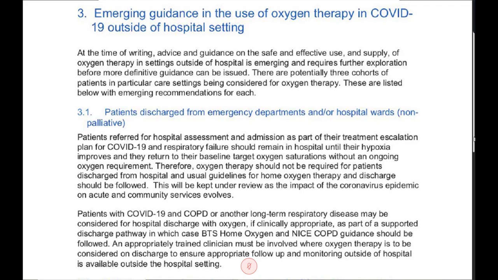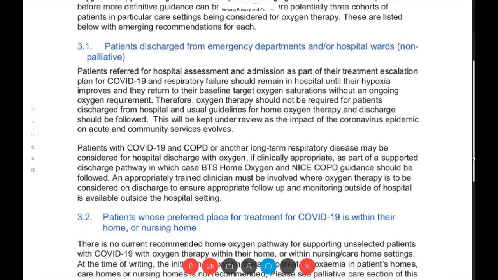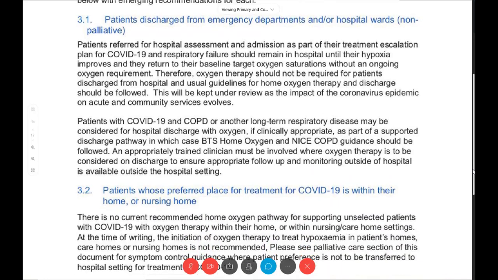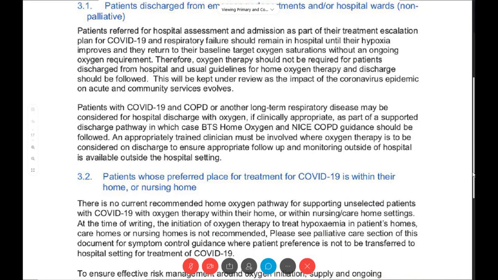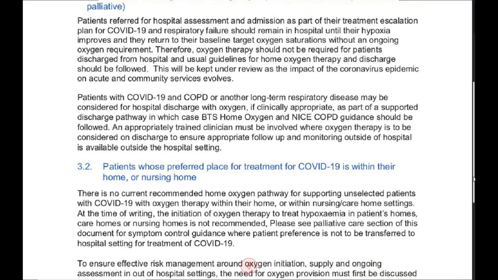What we have observed in many of the COVID patients is that they have silent hypoxia. So even though they are profoundly hypoxic, and we're talking about saturations of 80% perhaps, they are not necessarily that breathless. So oxygen may not actually be useful or beneficial, and if they are for palliation, you may not need to give oxygen therapy for them, because we are not expecting them to recover, and we are just there to perhaps maintain the comfort of these patients at that time.